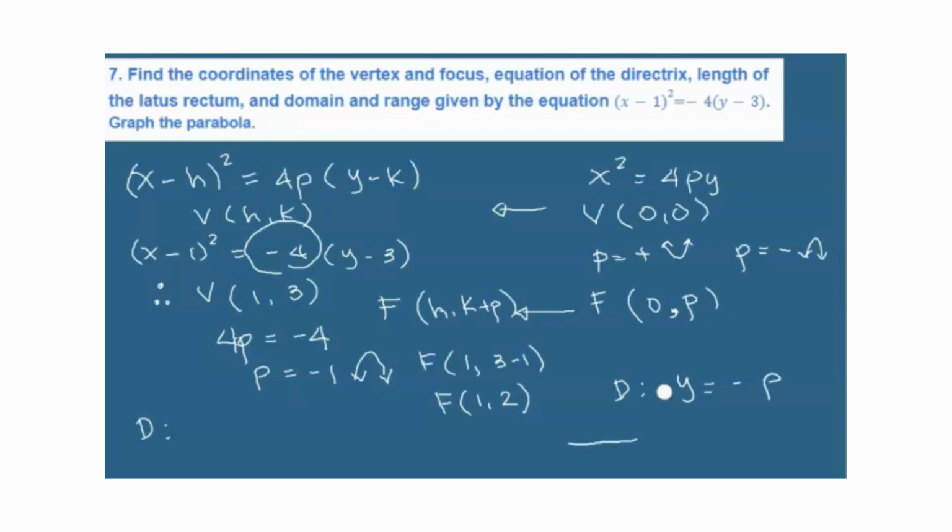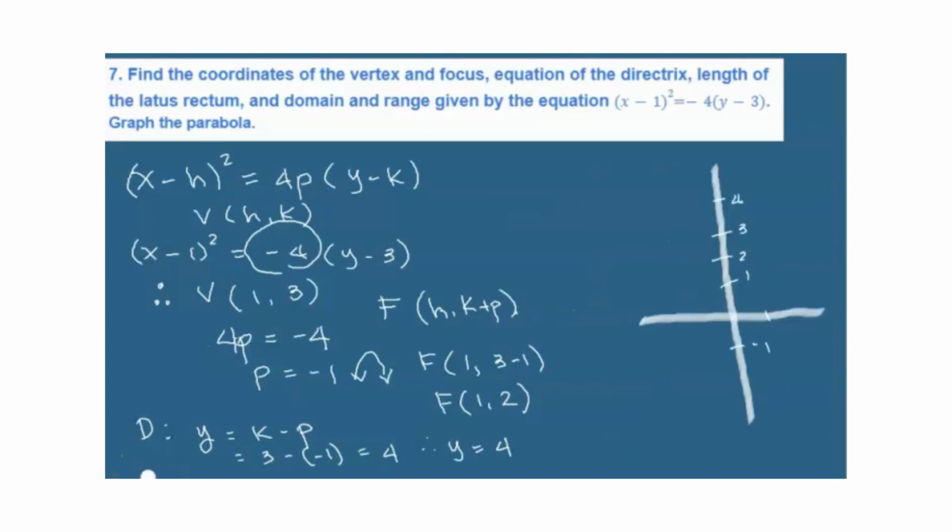So in this case, at (h, k), the directrix would be y is equal to k minus p. So k is 3 minus negative 1 equals 4. So therefore, the equation of the directrix is y equals 4.